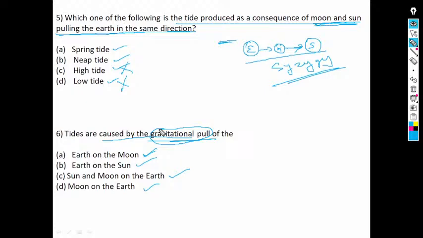It is neither only the moon nor only the sun, it is both, the sun, moon and the earth. So the answer is C. It is spring tide, and here it is only the sun, the moon and the earth. Okay, basically.